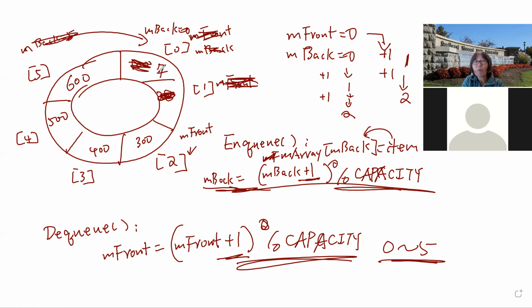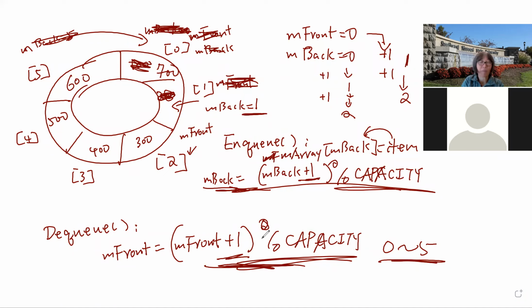Then we can add 700, and the back index is updated to 1, pointing to this empty slot. So that's regarding the DQ operation, how we can handle it using a circular array.